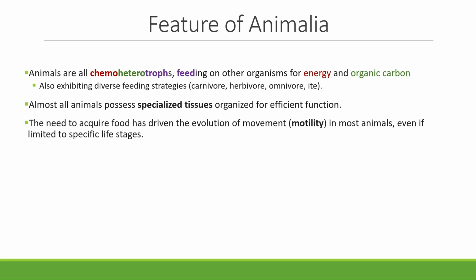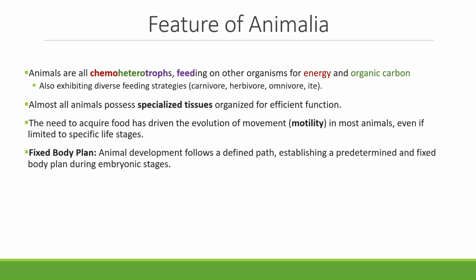The pressure to acquire food has driven the evolution of motility in most species of animals, even if that movement occurs only during certain life stages. Finally, animal development follows a defined path that establishes a predetermined and fixed body plan during the embryonic stages.